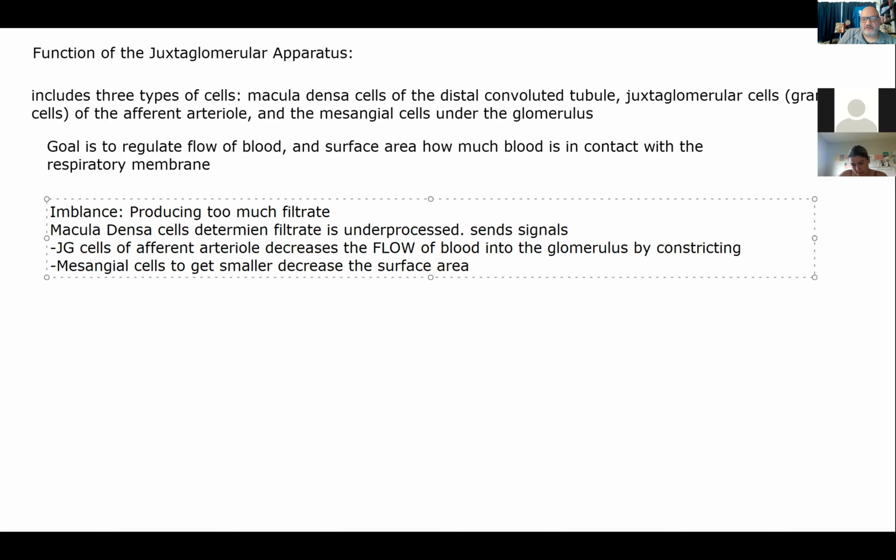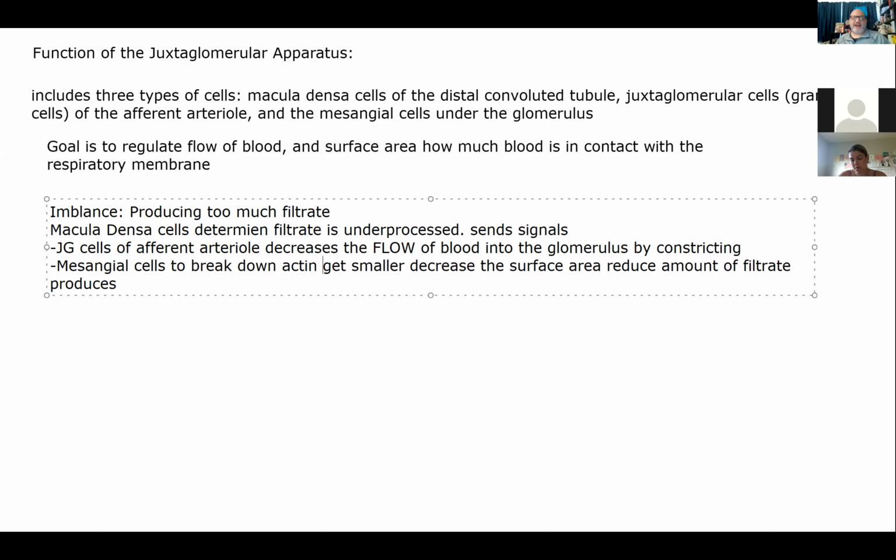And if we decrease the surface area, that will reduce the amount of filtrate that's produced. And again, to get these cells smaller, are we building up actin or breaking down actin? Breaking down. Yeah.